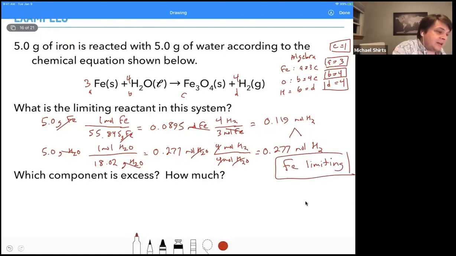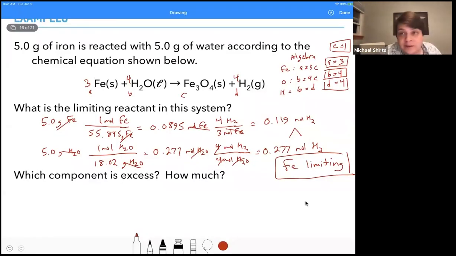That is the limiting reactant. So that's what you want to think about. Think through the logic there. Iron produces less product, therefore it is the limiting reactant. When it's all used up, then there's still going to be water left over.